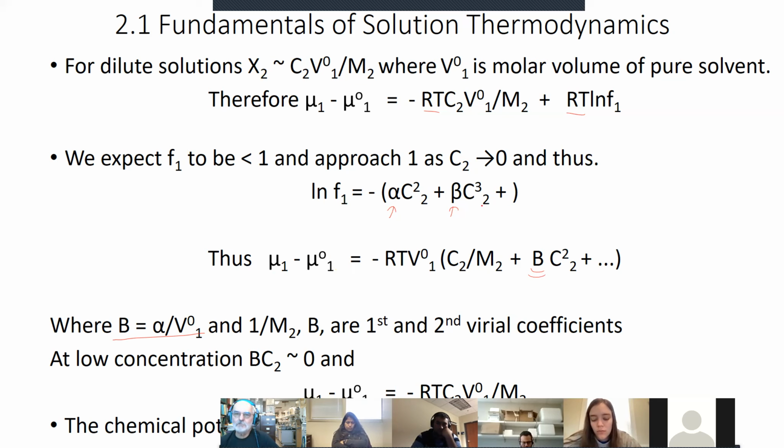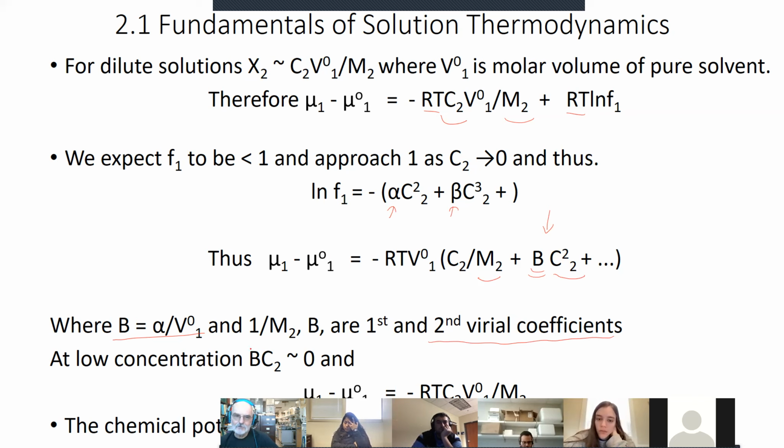And we can then express this as the expansion term that we described up above in terms of X2, which has now become C2. We've carried in this change in units involving a molecular weight. And then we've added the non-ideality term in terms of the concentration of the solute squared times some coefficient, which we're going to call a virial coefficient.